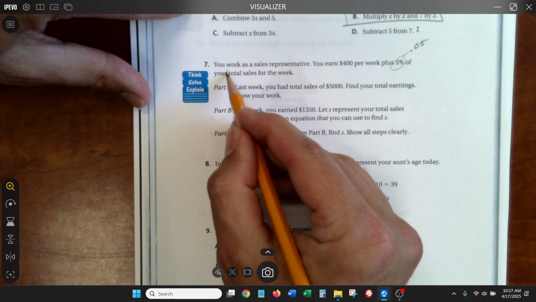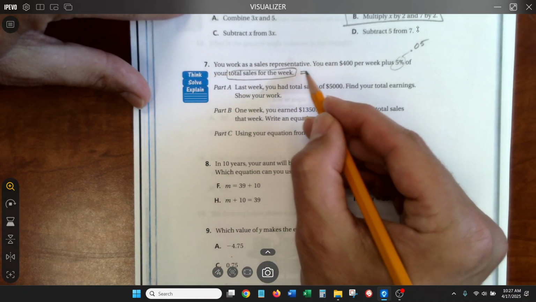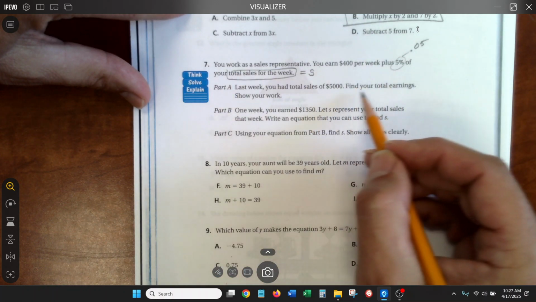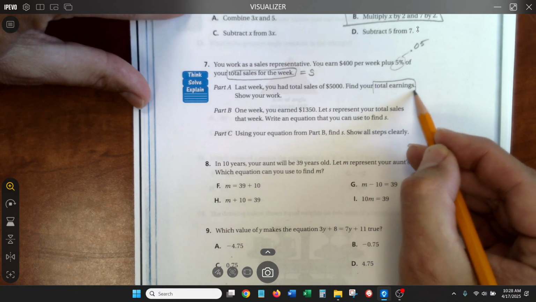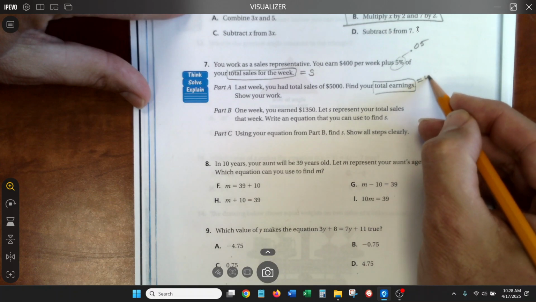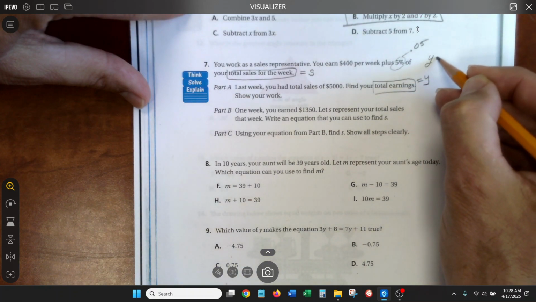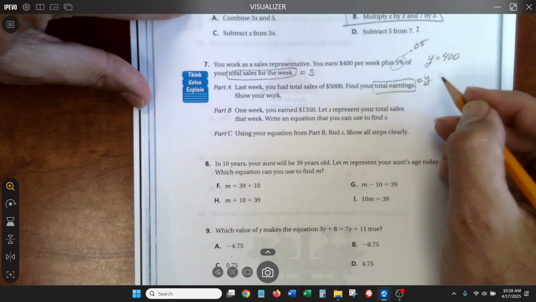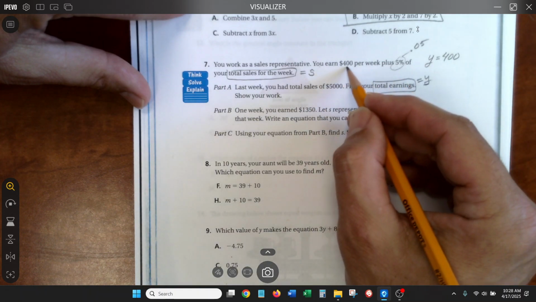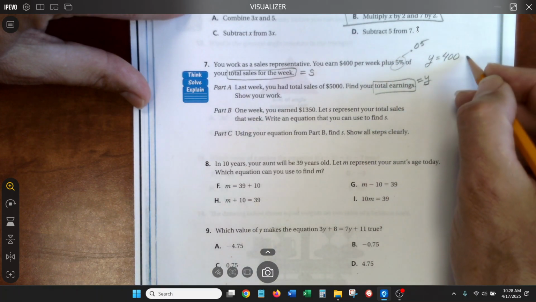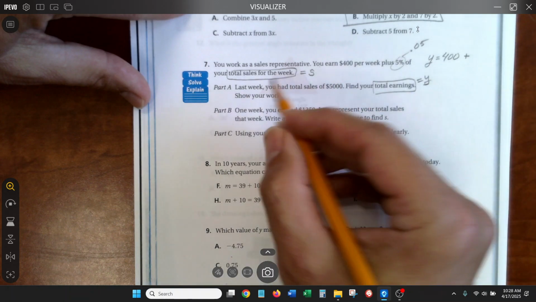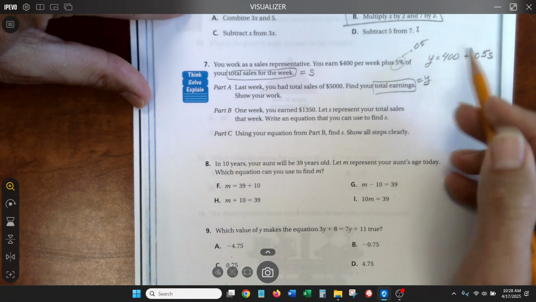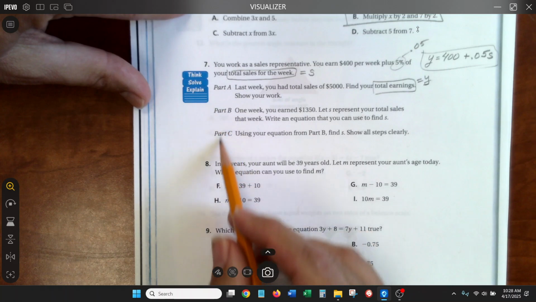So if we let our total sales for the week be equal to S, and if we let our total earnings be equal to Y, then our total earnings will be equal to this flat $400 that we get no matter what, plus 5% of all the sales we do, so 0.05 times S. So this is going to be our master equation for answering parts A, B, and C.